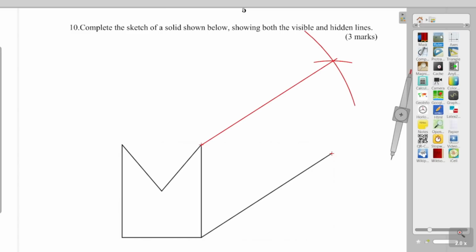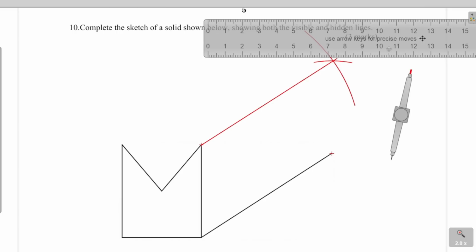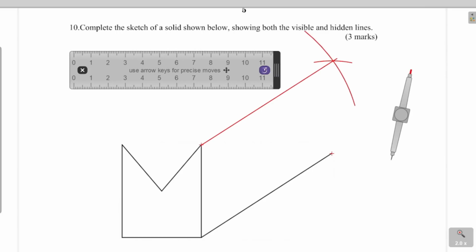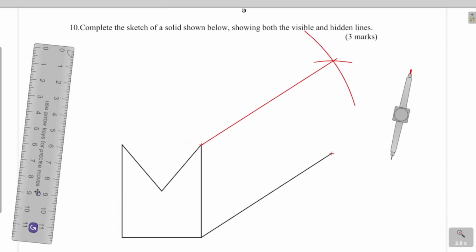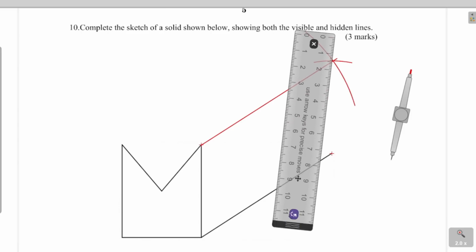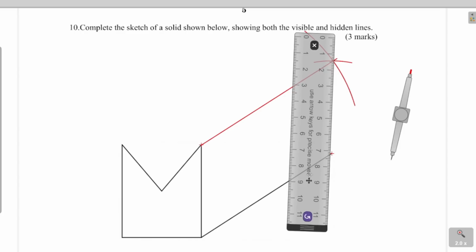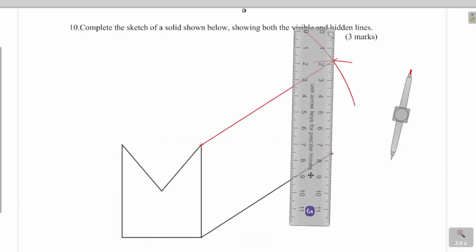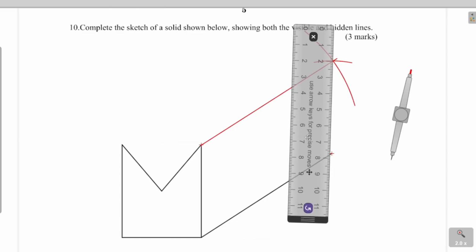So you can use a ruler for that. So join that line like that.